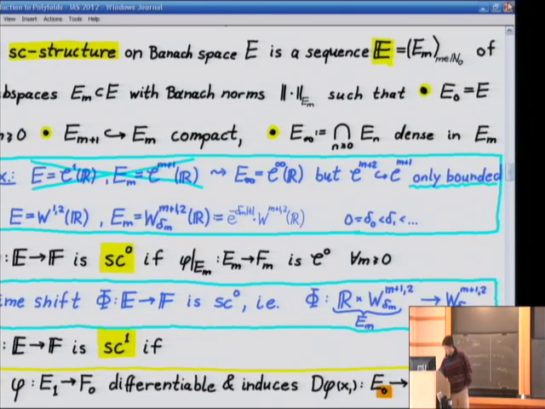Okay, and now we get to define what it means to be continuous. So E is now a scale Banach space, and F is also a scale Banach space. A map is continuous if, restricted to each level, it preserves the level and is continuous as a map between these normed Banach spaces. That's exactly what elliptic operators do. If you had the d-bar operator, it maps W1p to Lp.